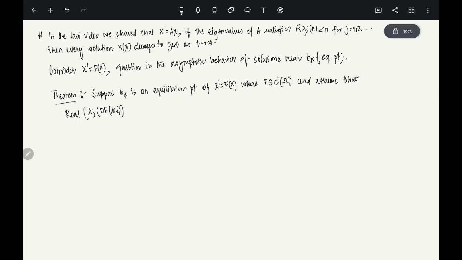Let's say lambda j are our eigenvalues. Now look at the real parts of those eigenvalues. If they are negative, for j equals 1 to n, then what we can say is this.